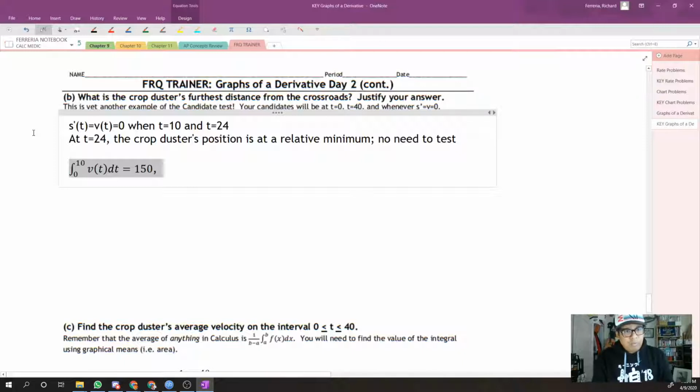So the areas that we're going to look for is the following. From 0 to 10, remember at 10, the graph crosses the x-axis. That area in that first triangle is 150. Let's take a look at the second triangle.